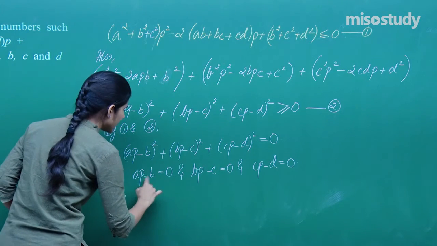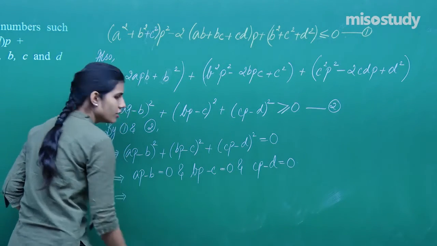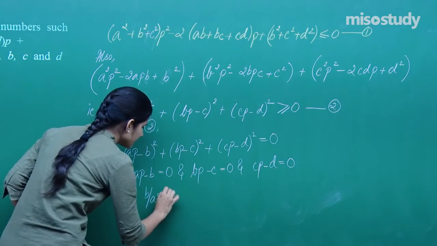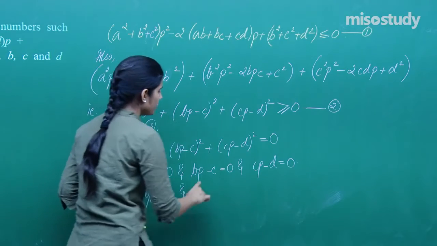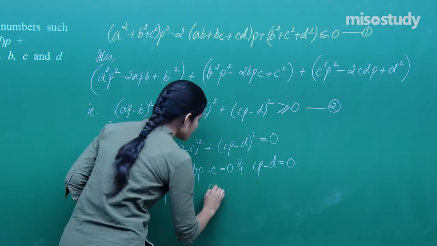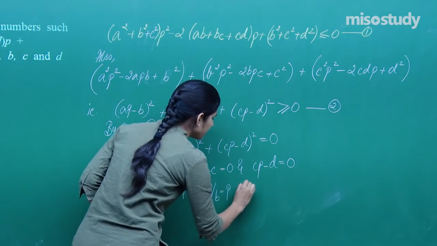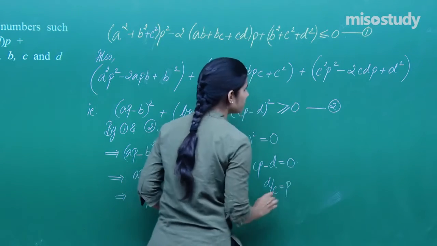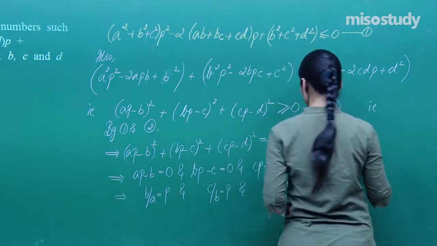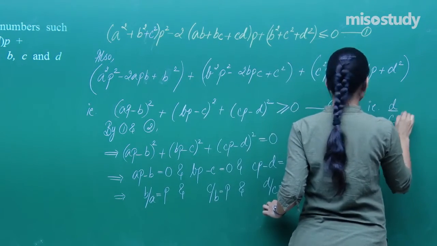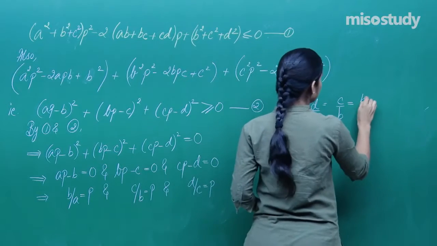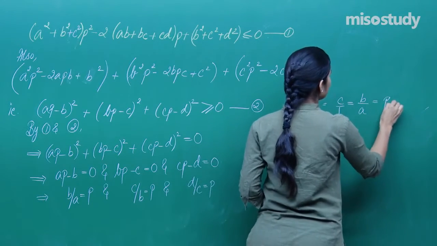Square of a real number is 0 if and only if that real number itself is 0. This implies ap is equal to b, or what I can say, b by a is equal to p. Then you have bp equals c, or c by b is equal to p, and cp equals d, or d by c is equal to p. That is d by c equals c by b equals b by a equals p.